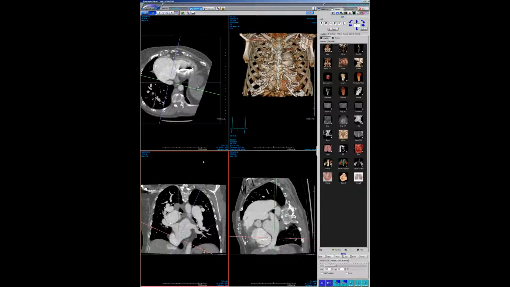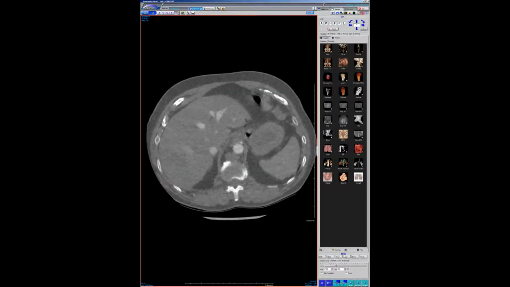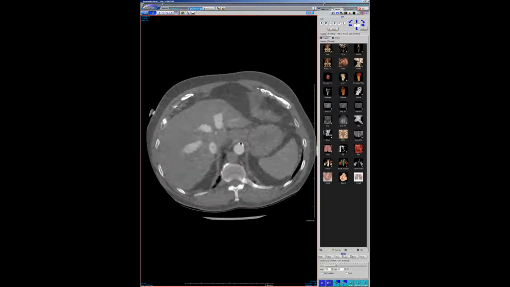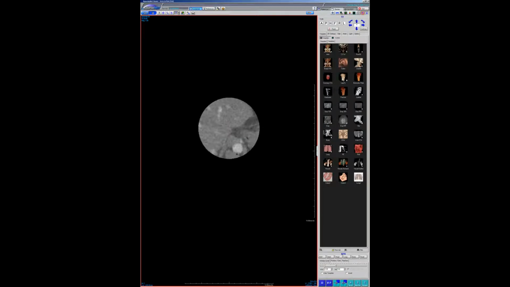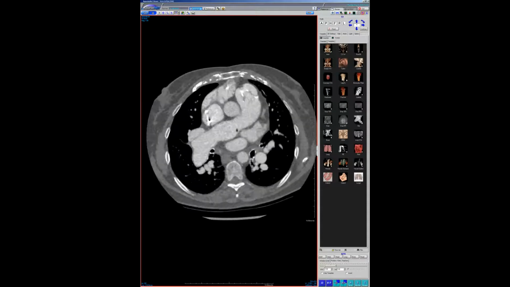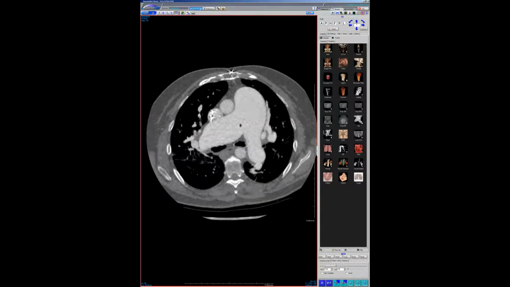What's interesting about her, and why she probably presented so late in life, is that she also has azygos continuation of the IVC. I have some delayed studies going a little bit lower, where you can see she has this huge azygos vein that then drains into the SVC.